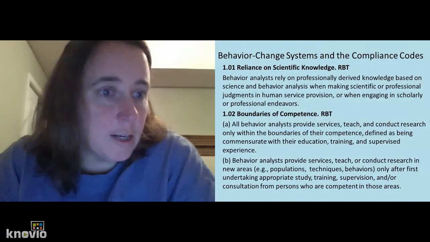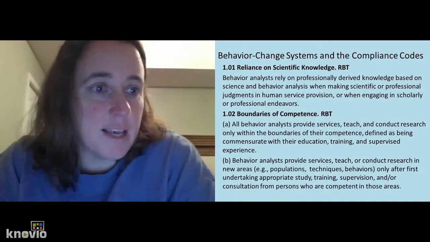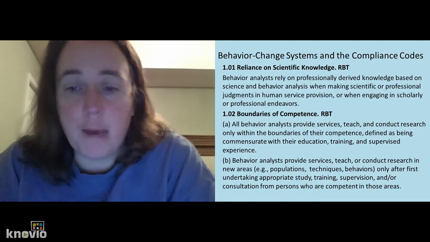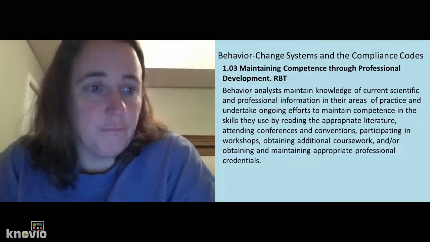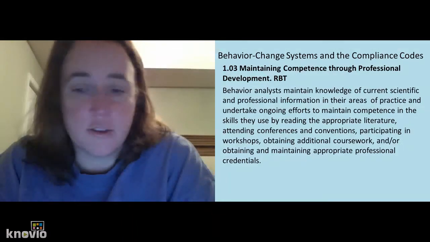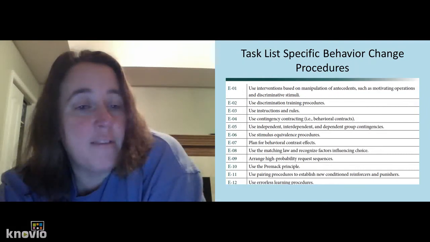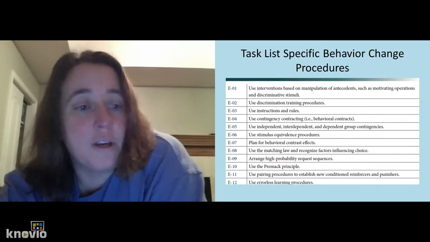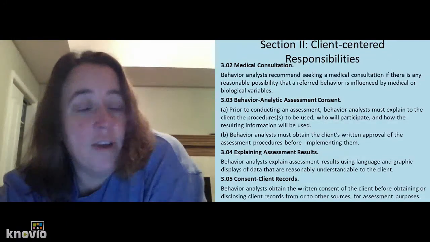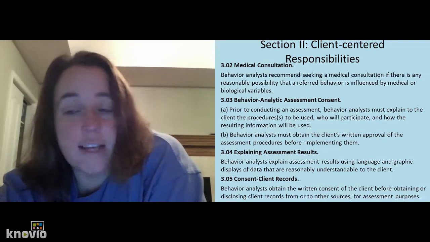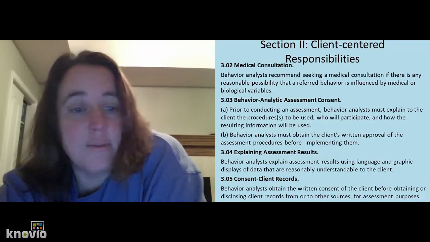When you consider behavior change systems, the codes that relate are reliance on scientific knowledge, boundaries of competence, and also maintaining competence through professional development. And then in the section on specific behavior change procedures, here are some of the task list items that line up with those codes. Next, you have client-centered responsibilities: medical consultation and behavior analytic assessment.